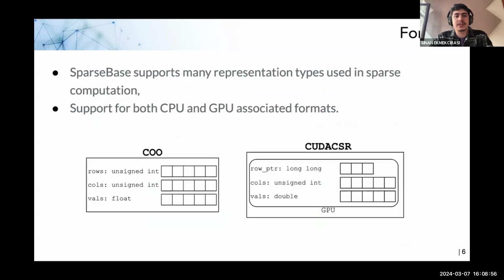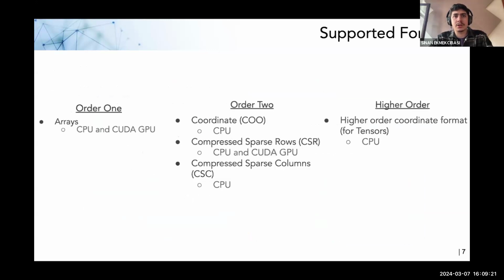I think we can start with the formats. Formats are the heart of SparseBase. They make many of the operations that can be performed in SparseBase possible. So they are quite important in this context, and SparseBase supports many formats for both CPU and GPU contexts. Here you can see the supported formats in SparseBase. We can basically divide them into three categories: order one formats, order two formats, and higher order formats.